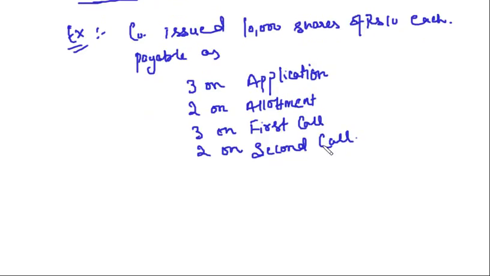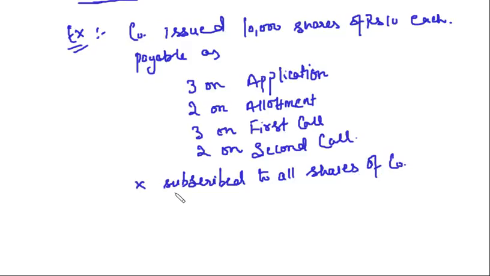Now there is a person X. He subscribed to all shares of the company. That means all the shares have been allotted to a single person, that is X. This is just to simplify the example, right?